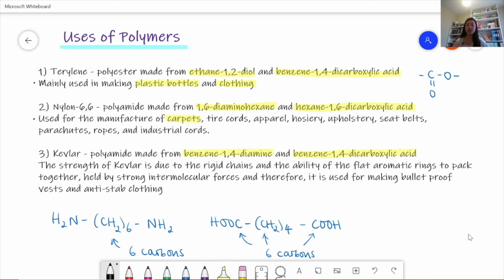One thing to know about Kevlar is that it's extremely strong, due to the rigid chains and the ability of the flat aromatic rings to pack together. All the benzene rings can pack together really well, so we have strong intermolecular forces. Therefore it takes a lot of energy to break, and so Kevlar is really strong. We use it to make bulletproof vests and anti-stab clothing.